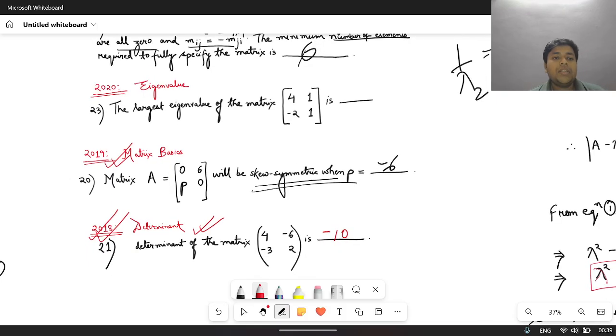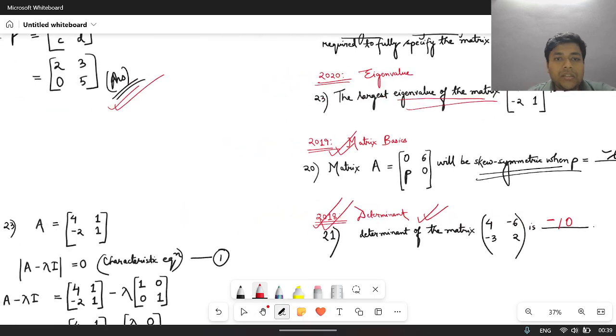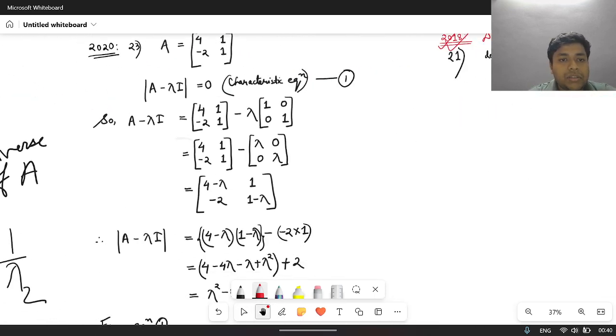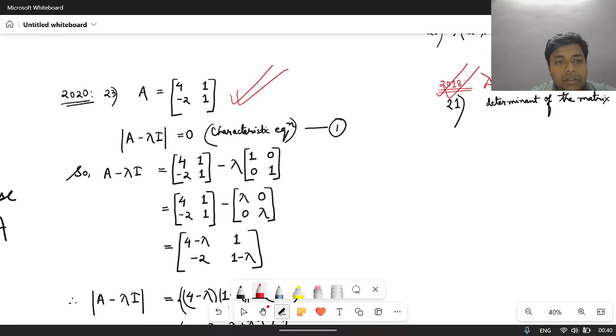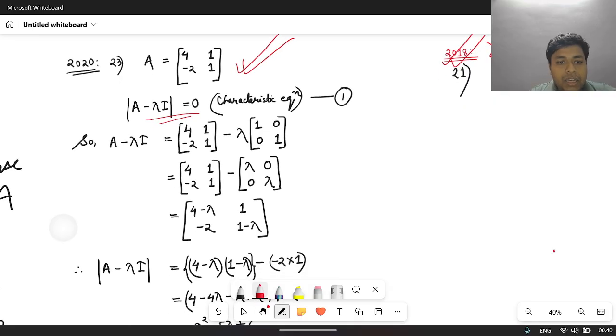Now let's take a look at the last question of this matrices and determinants. The largest eigenvalue of the matrix this is, because as I mentioned, we can have more than one eigenvalue. So what is the largest? So let's take a look at this question. Yeah, see, this is the matrix which was given. I used the characteristic equation. I calculated this.